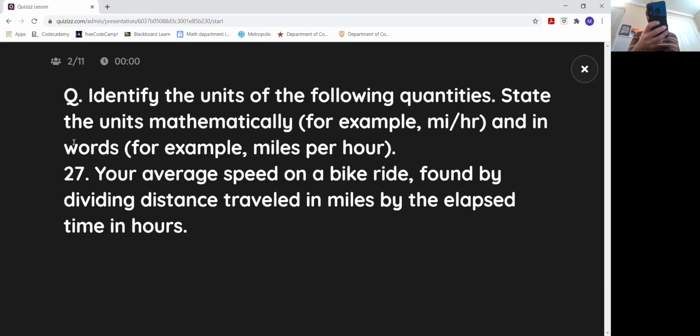Oh man, did I put that? Okay, so it says right here, we're dividing this by this.